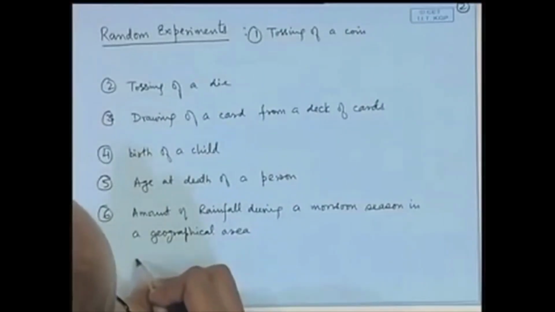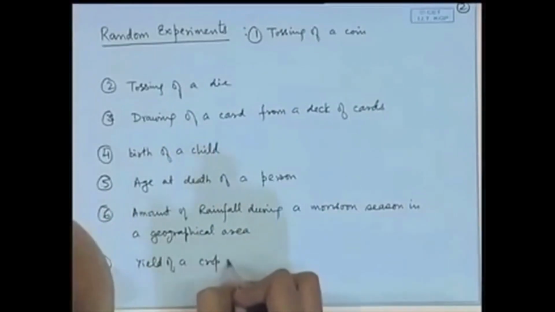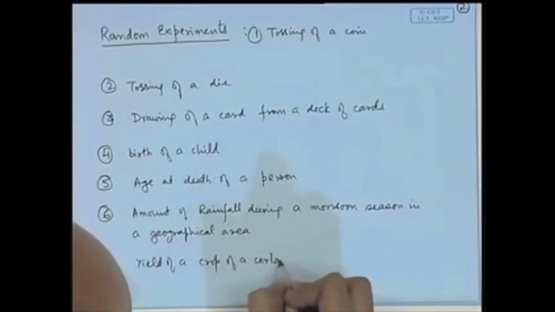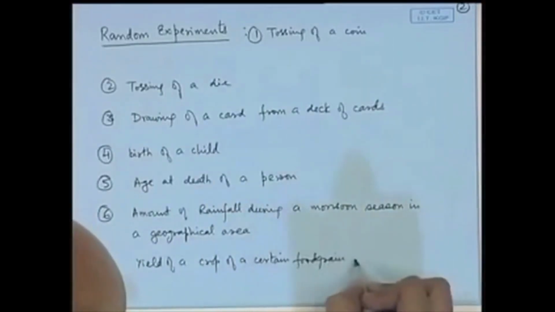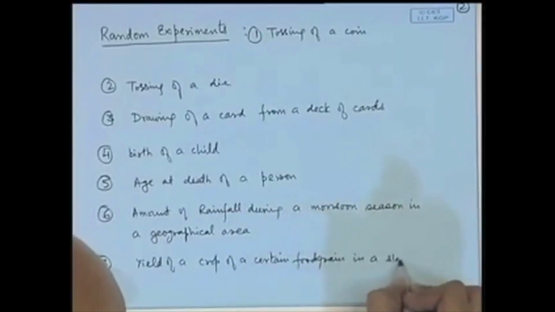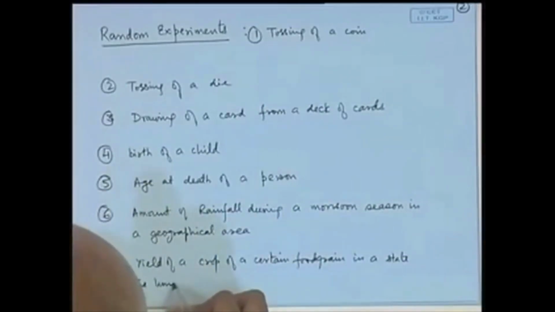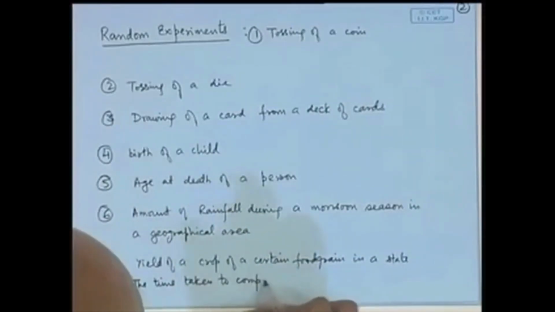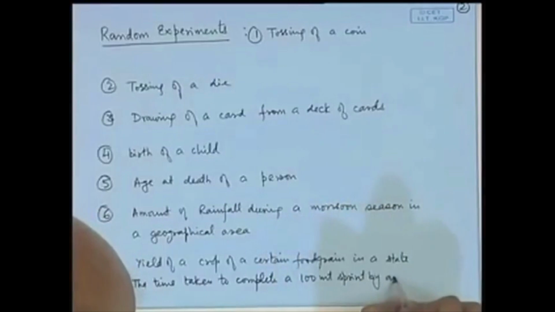Suppose we want to consider yield of a crop of a certain food grain in a state. Suppose we consider the time taken to complete a 100-meter sprint by an athlete.